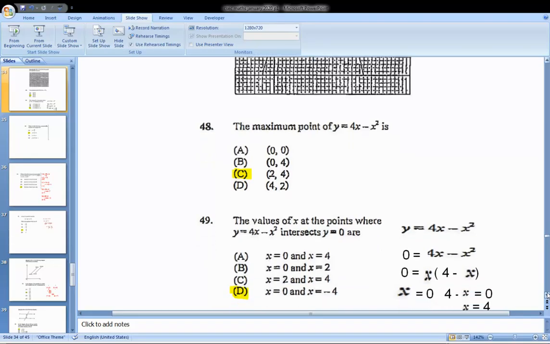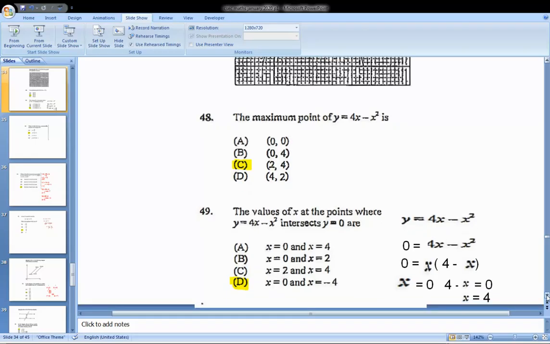So 0 equals x, open bracket, 4 minus x, because we realize that x is common among this group. So in grouping, 0 equals x, 4 minus x in brackets, and then x is equal to 0, and 4 minus x is equal to 0.